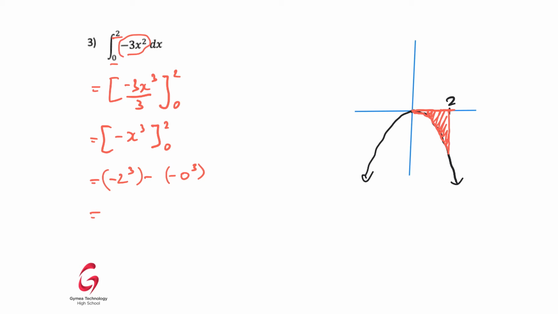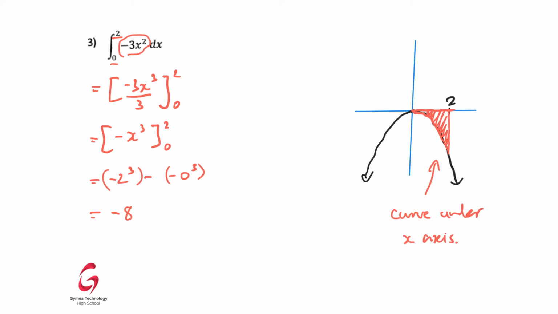Okay, this is where we're going to get something different, because negative 2 cubed is not 8, but it's negative 8. Alright, so when we think about what's really happening here, we can't really have a negative area, but that value is a negative value. Now, the reason behind this is because the curve is lying under the x-axis.